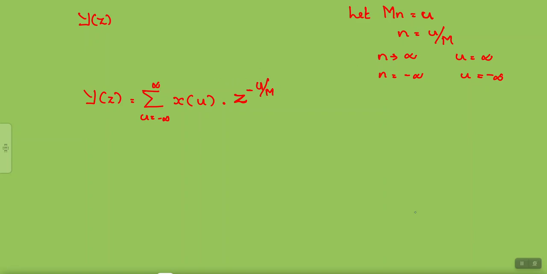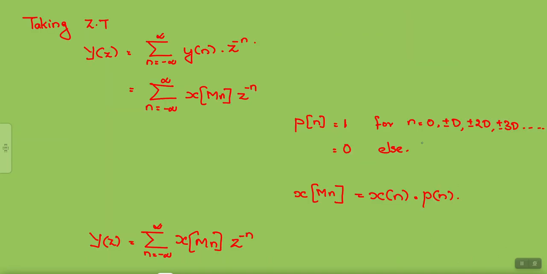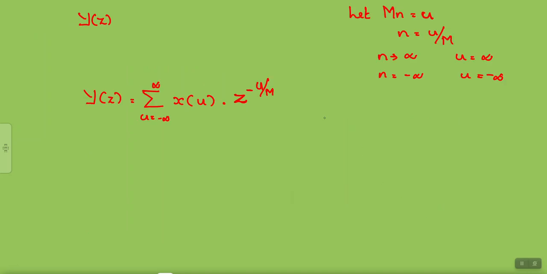Now I am substituting, where x of u is actually x of mn.